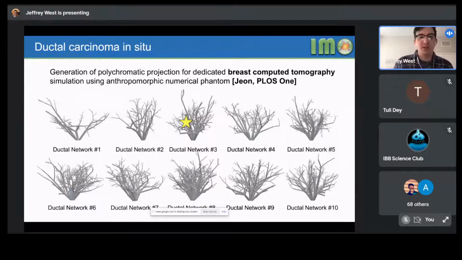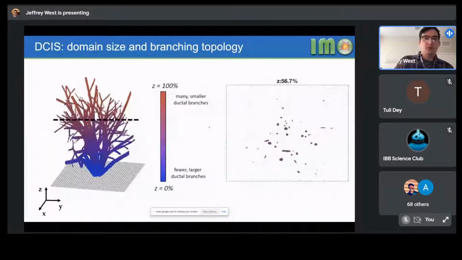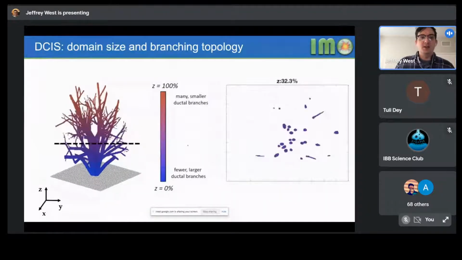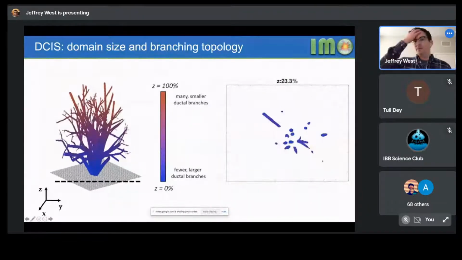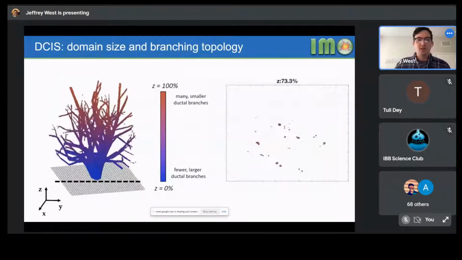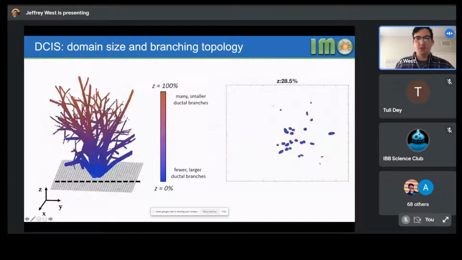They may be separated into different branches, and dispersal between those branches may be difficult. So if we take a scan of one of those ductal networks, we can see that basically at the top here, we have very small branches and very many branches. And at the bottom, it's the opposite, fewer and larger branches.